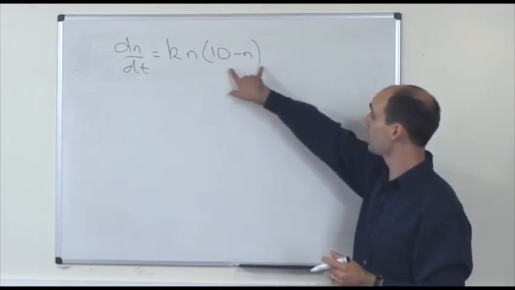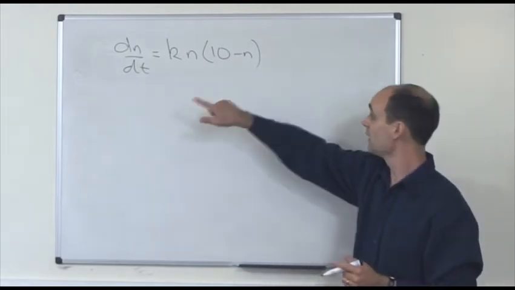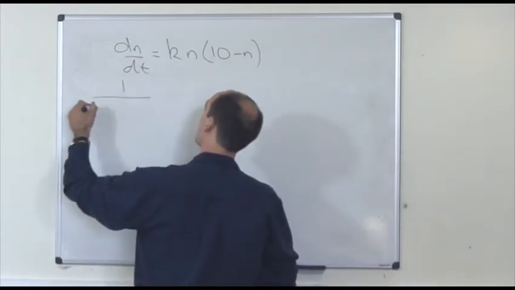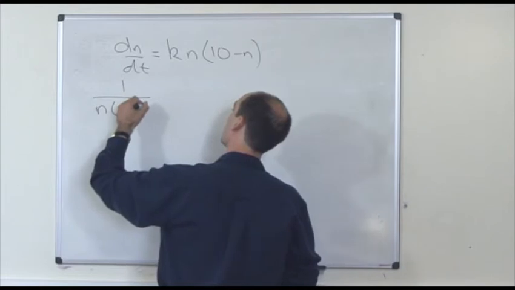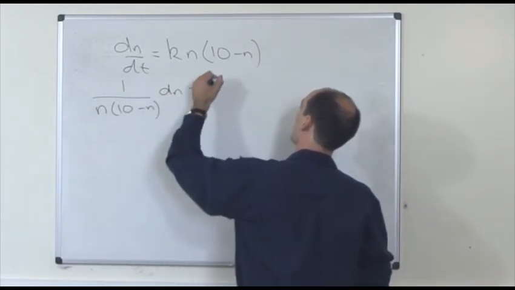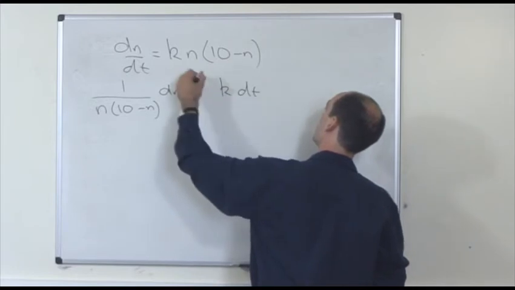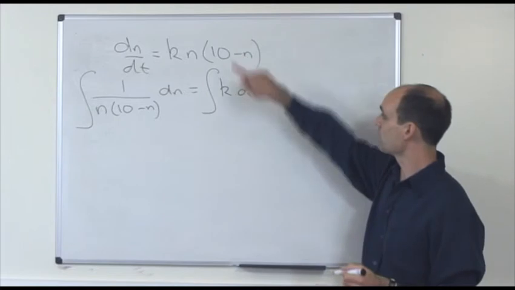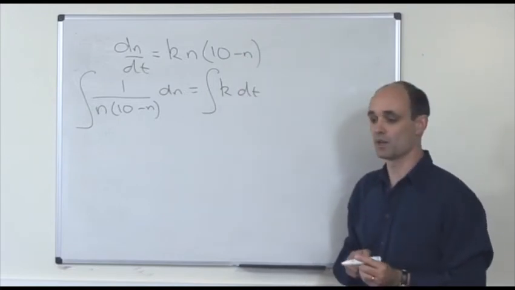To solve it, we bring our n dependence down here, we bring our t dependence up to the right, so we get 1 over n into 10 minus n dn is equal to k times dt. We put our integral signs there, and that's the way we're going to try and solve this differential equation.